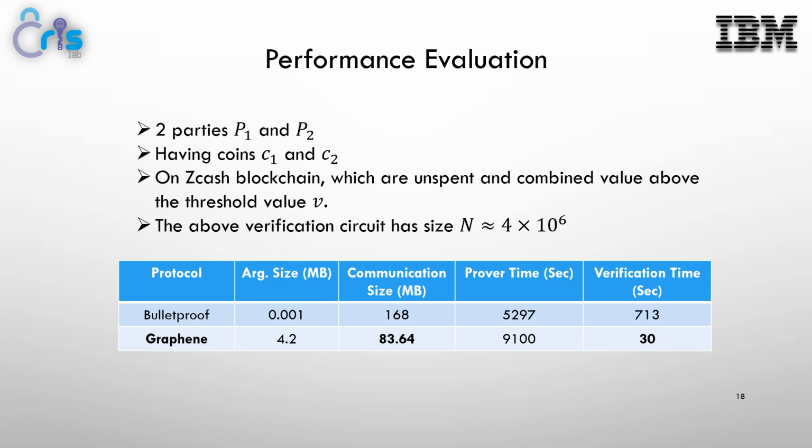We see that the communication for Bulletproofs is 2 times more than the communication of Graphene. For proof generation time, Bulletproofs performs 2 times better than Graphene. However, this is compensated in verification time, where Graphene performs 25 times better than Bulletproofs.